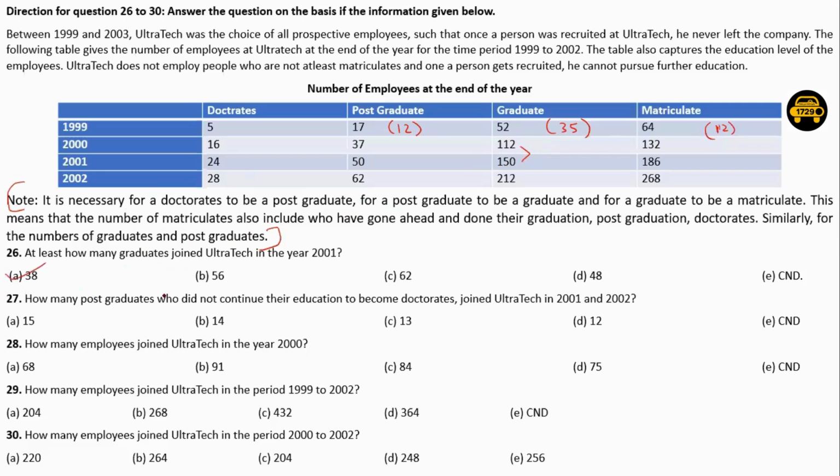Now, how many postgraduates who did not continue their education to become doctors joined Ultratech in 2001 and 2002? So we have to calculate the exact number of postgraduates who did not become doctors. So let's calculate the number of only postgraduates in the year 2000. Sorry, we have to calculate the number of people who joined in 2001 and 2002.